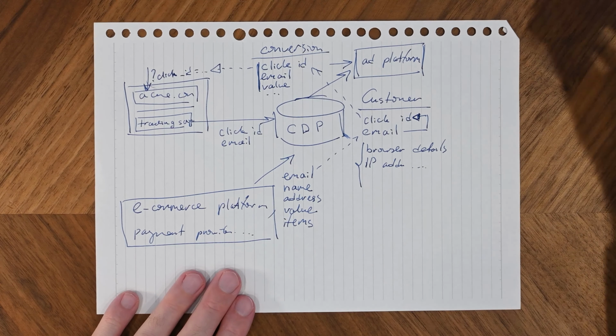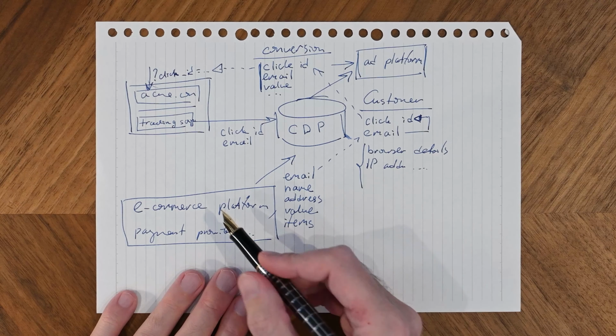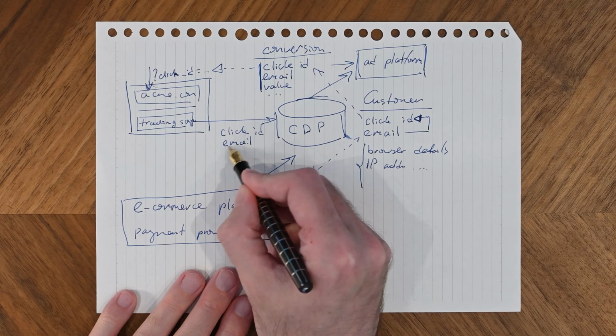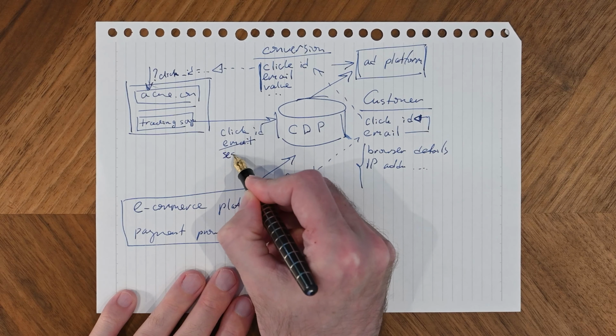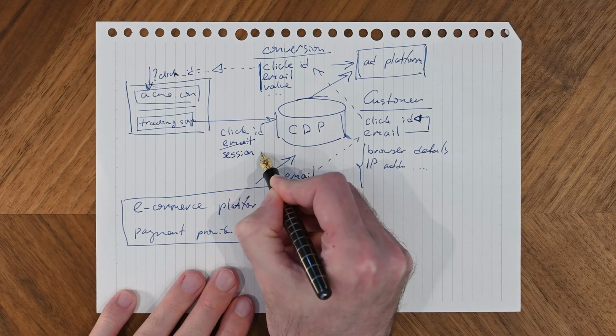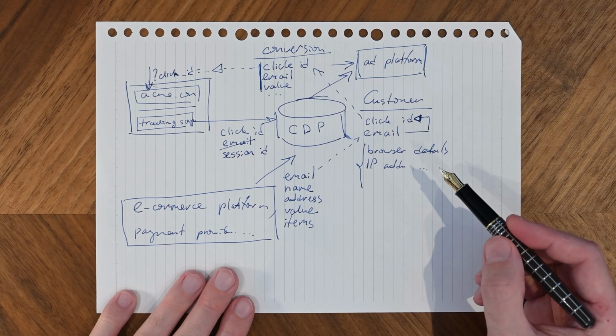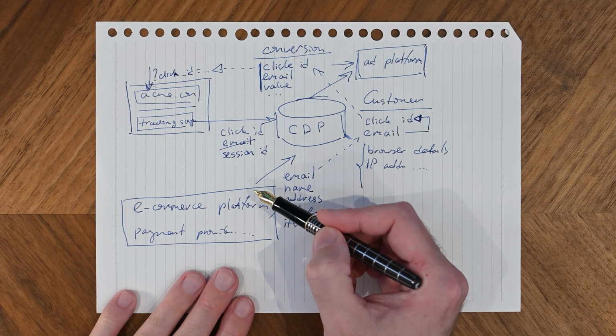The customer data platform would record the click identifier alongside an identifier such as some sort of session identifier that refers to the checkout session that's been instantiated in a third-party platform.